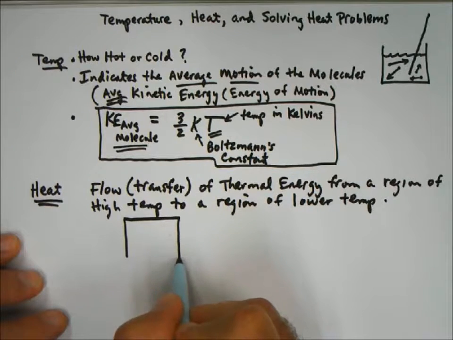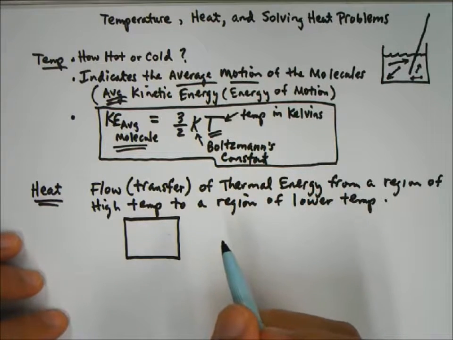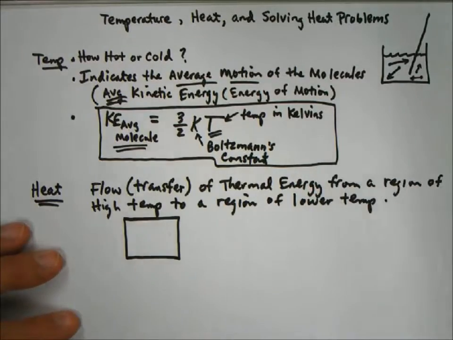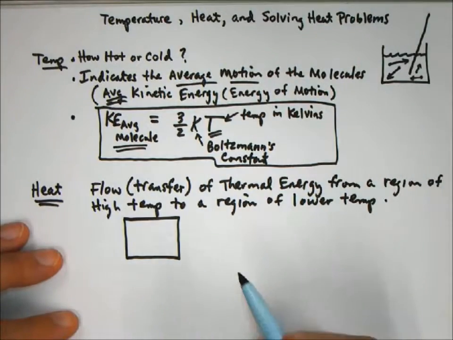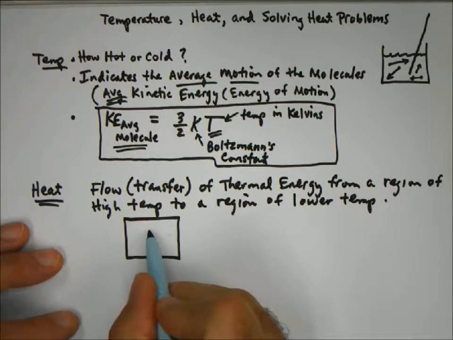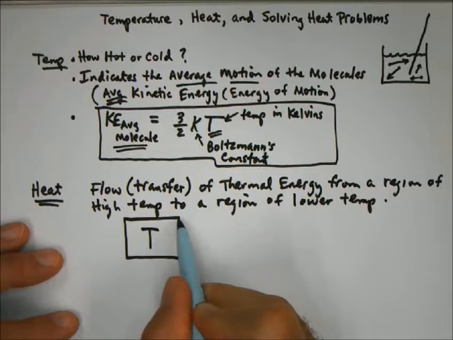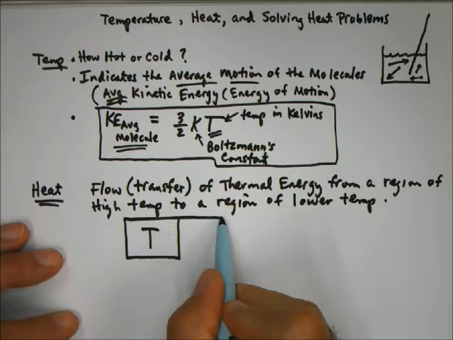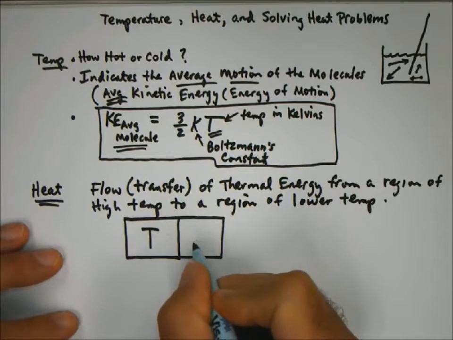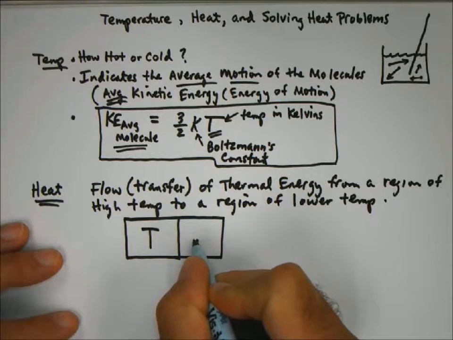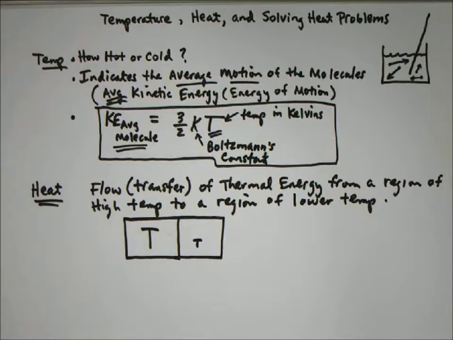Okay, so if we want to draw a little cartoon of that, I can draw two objects. Let's say two blocks of steel. Okay, so here's one block of steel with a high temperature, and let's place that in contact with a similar size block of steel that has a smaller temperature.